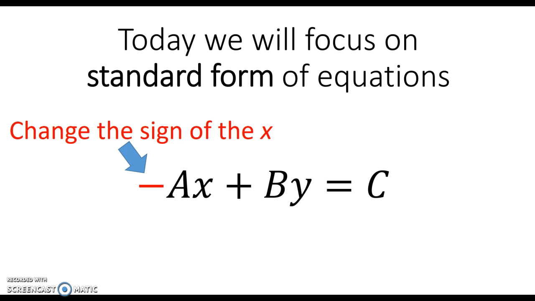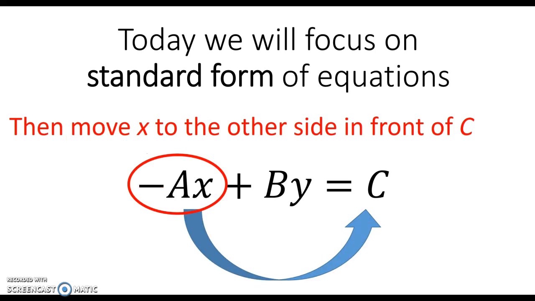But most of the time, if it's a standard form equation, the x is positive in the problem, which means you're going to make it negative, and after you change the sign, you're going to move it over to the other side of the equation. So you're going to take the whole thing, the number with the x, and move it all the way to the other side of the equal sign in front of the c.